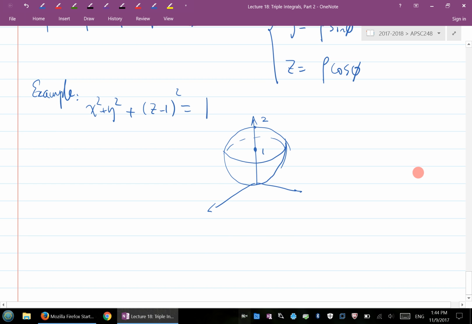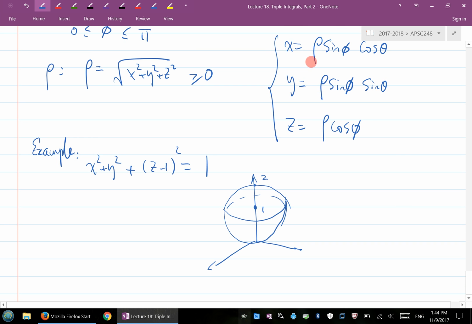So what do we do? It looks simple, but it's a little bit complicated at the beginning. You substitute the xyz expressions here into the Cartesian equation, and you will have to do some simplifications.